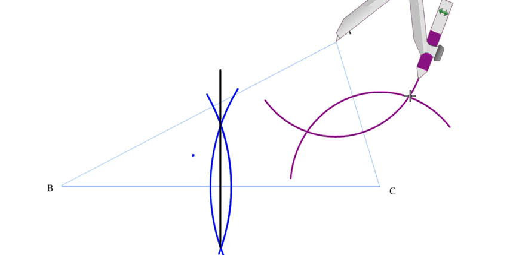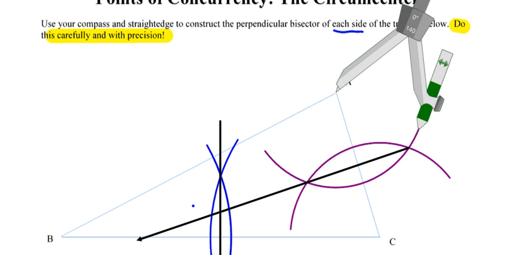And this time I'm going to draw a nice big perpendicular bisector that extends quite some distance, really from both sides of the triangle, or through 2 sides of the triangle. And then lastly, I'm going to construct the perpendicular bisector for side AB.